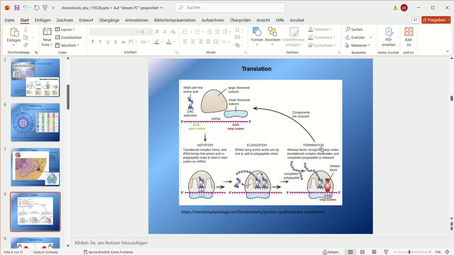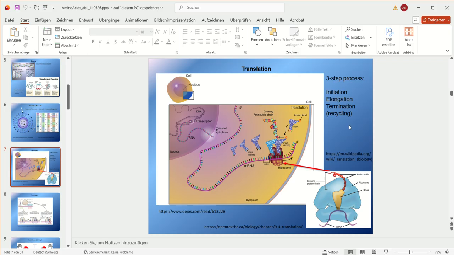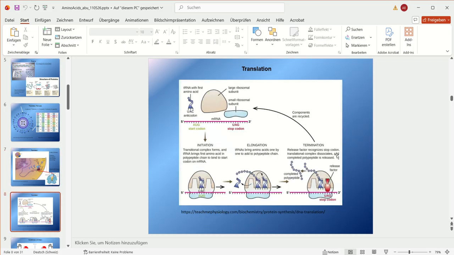And in the end, the process is terminated and the components are recycled. Of course, not the amino acids, because they're in the protein then. But that's more or less what I told you here. It's just shown better.